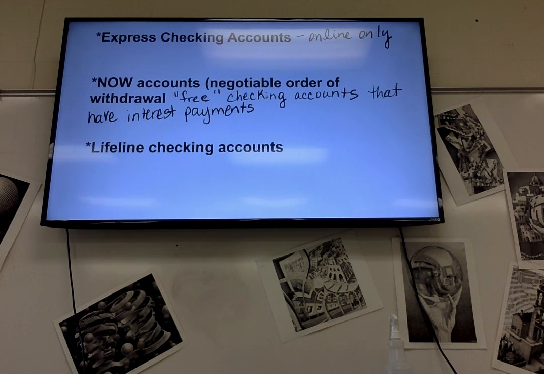And then Lifeline checking accounts. These are usually for people that have had problems with checking accounts or money management. And so you might have a hard time opening up another kind of account.